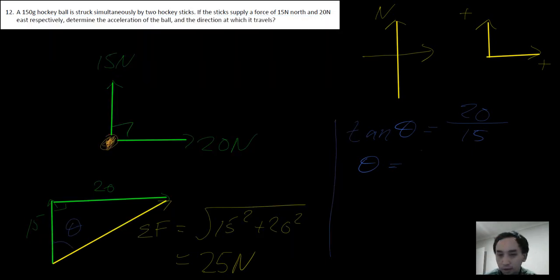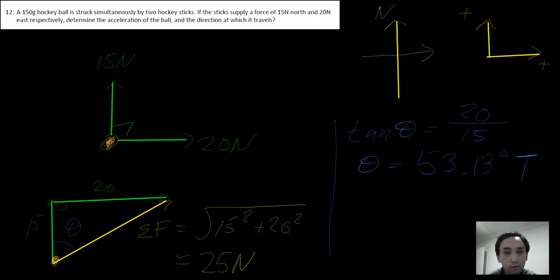Just keep it to the degrees format. 53.13, was it? Okay. And this is our true bearing as well, because it is from the north direction. So what's happening here is that the ball is traveling 53.13 degrees from the vertical, clockwise.